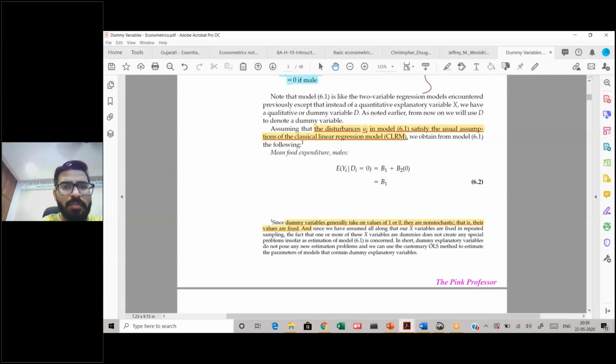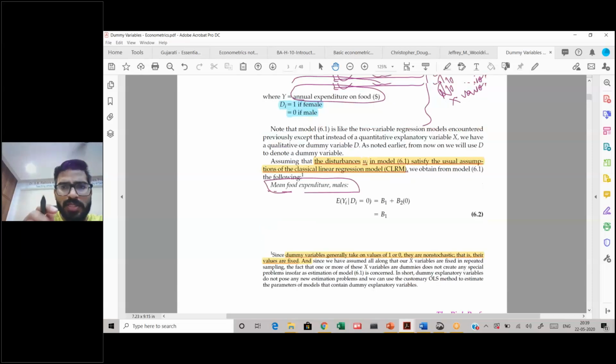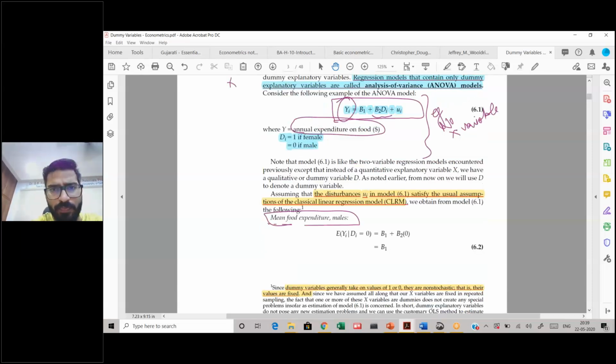Now one is the mean food expenditure for males. So what will be the mean food expenditure for males? See this regression equation. Now this regression equation shows that yi depends on beta 1 plus beta 2 di plus ui. Now di is basically a dummy variable for gender.